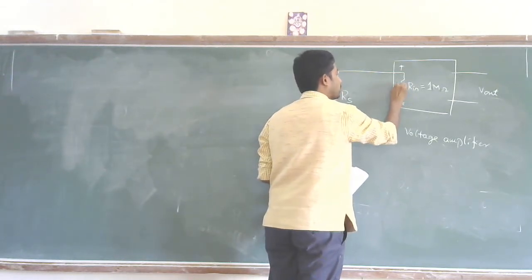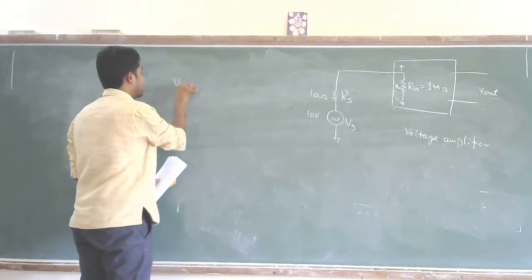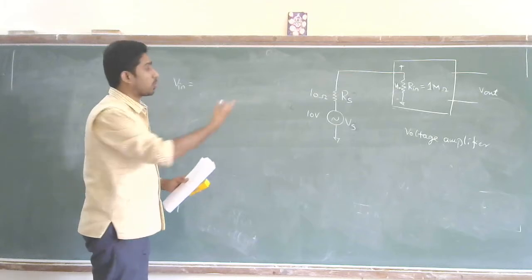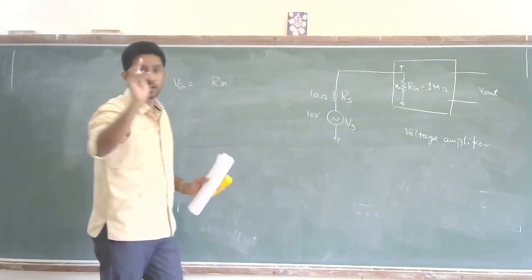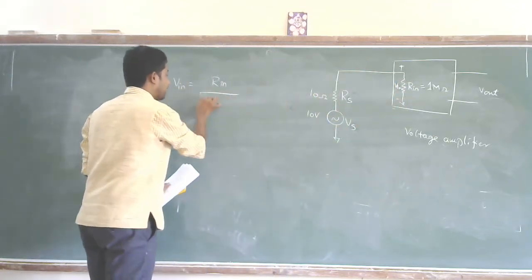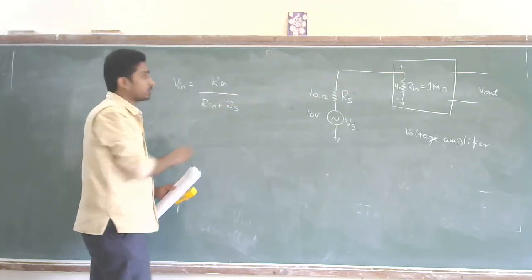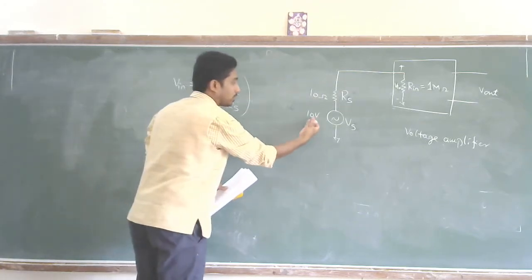So if I want to understand what my input voltage will be, Vin is equal to what? How do I do the voltage division? Across which resistance do I want to calculate the voltage? Across Rin. So Rin will be the numerator, divided by Rin plus Rs, whole multiplied by what is the voltage you are considering over here? 10.